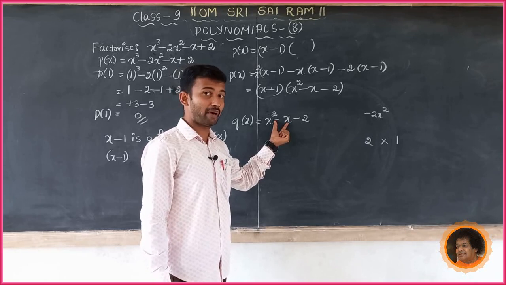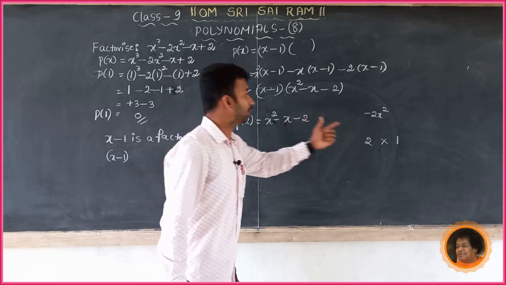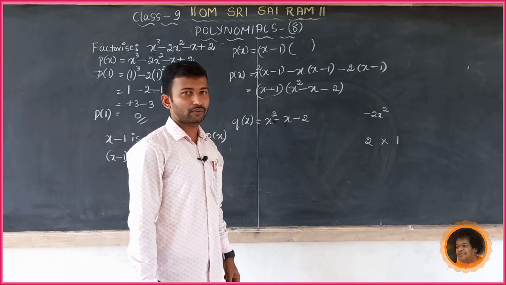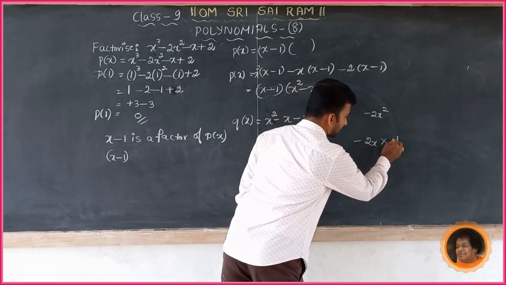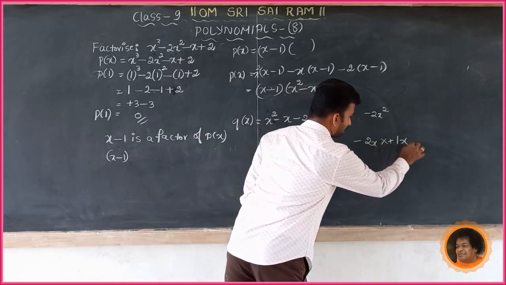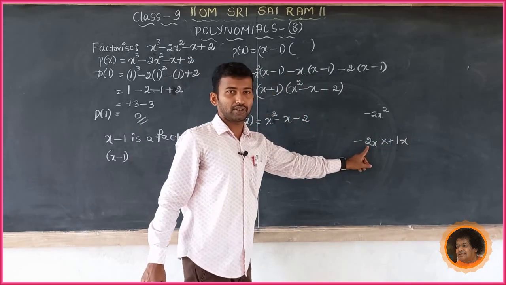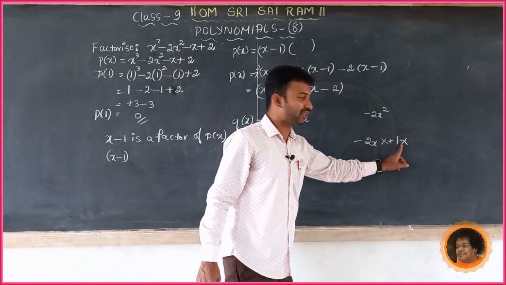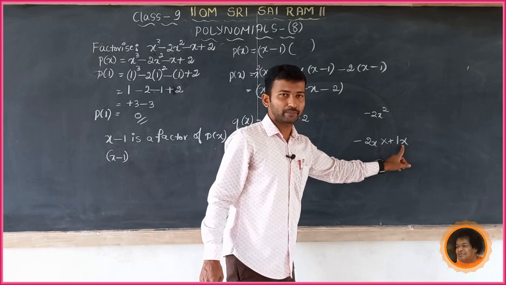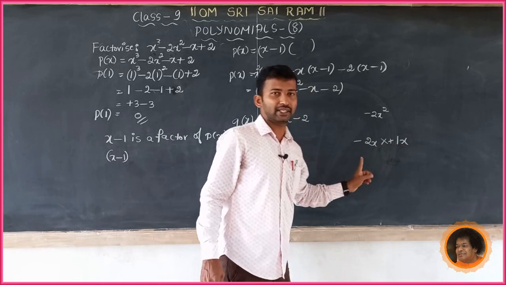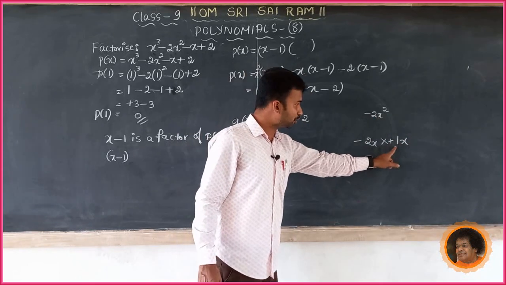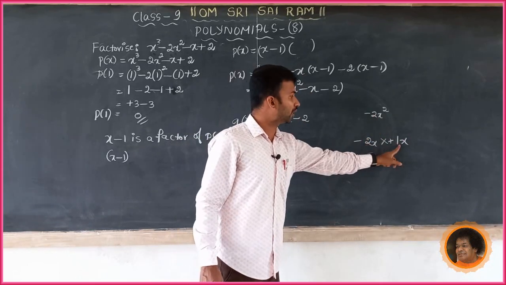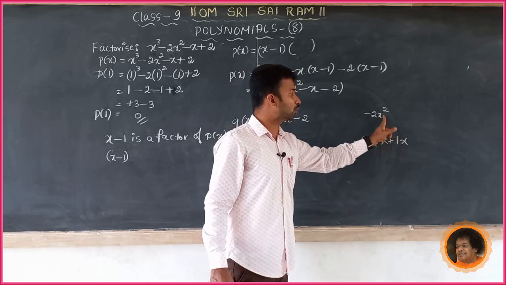So, how to get minus from these two factors? We need to put a minus sign to the first factor 2 and a positive sign with the second factor 1. So, by multiplying these two factors, we get minus 2x square, because minus into plus is equal to minus, 2 into 1 is equal to 2 and x into x is equal to x square.